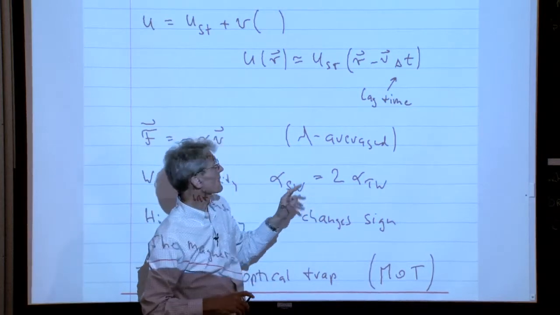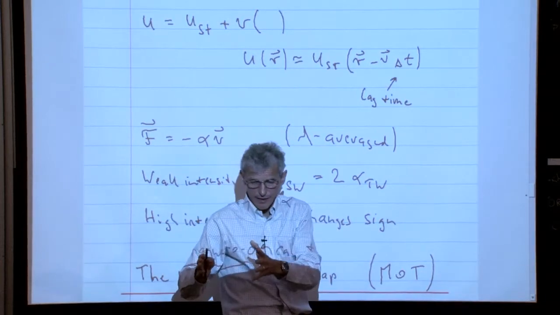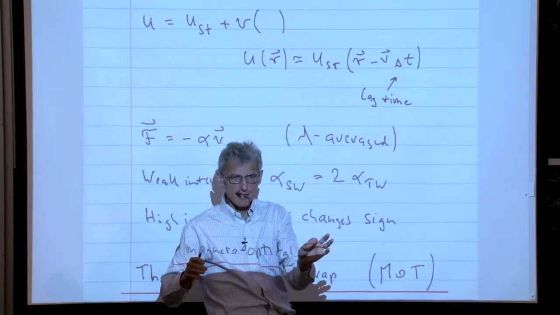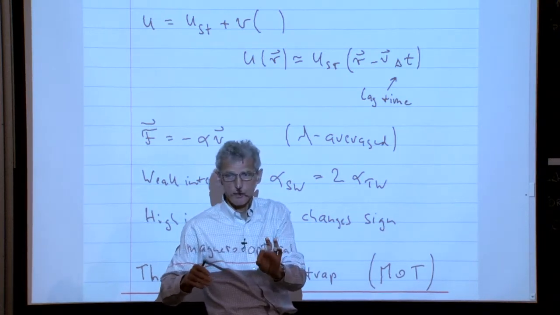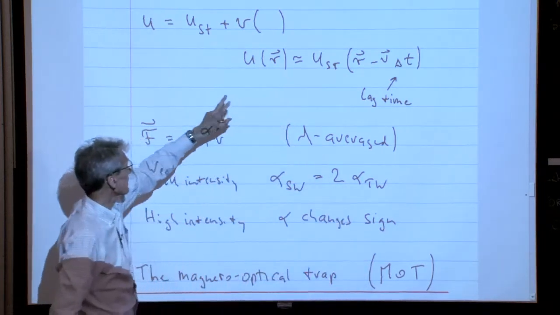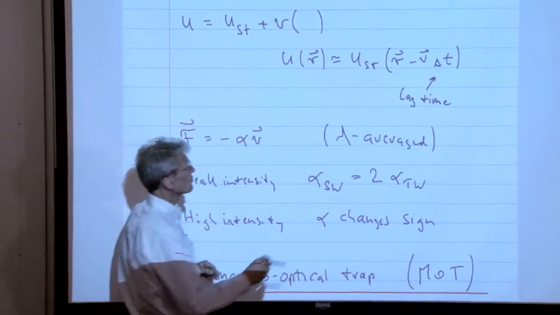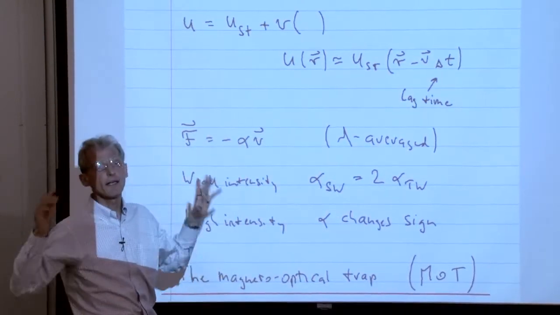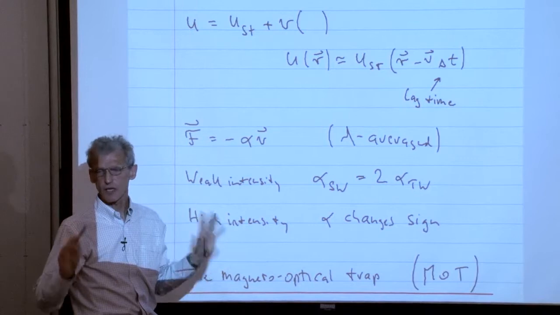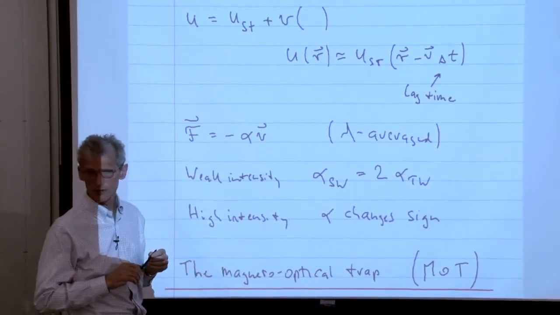I'm always a certain distance away from the steady state solution. We will introduce the lag time in a wonderful physical way when we have the dressed atom picture, but it can be done with the optical Bloch equation.